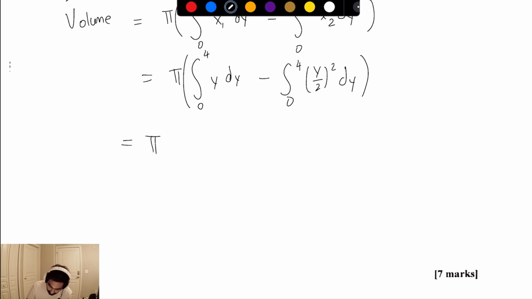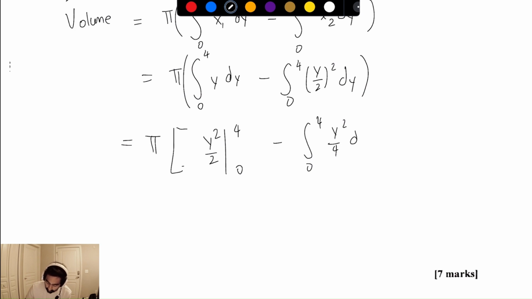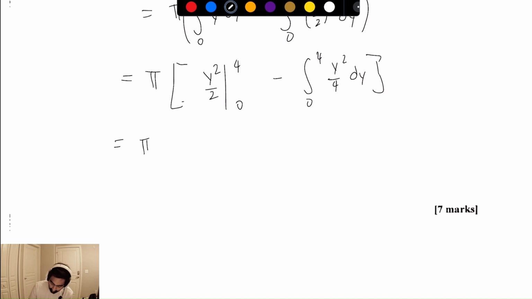So you can do this however you want. I'll just do it like this: y squared over 2 if you do the indefinite integral from 0 to 4, and then here it's minus the integral from 0 to 4 of y squared over 4 dy, and then this is pi.